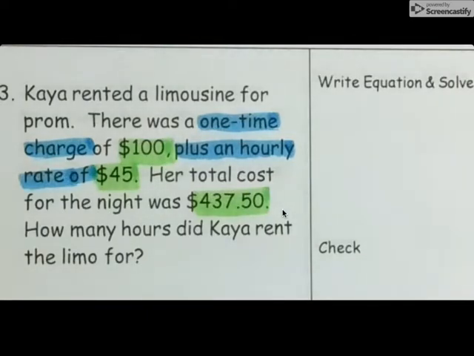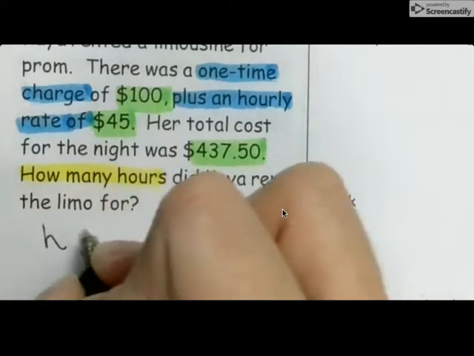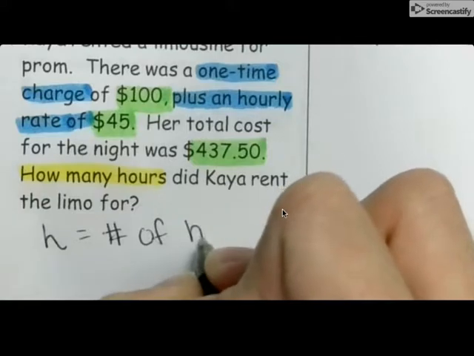Now we can look at what is going to be our variable. So we're asking the question, how many hours? So in this case, it's going to be H, and that's going to be the number of hours.